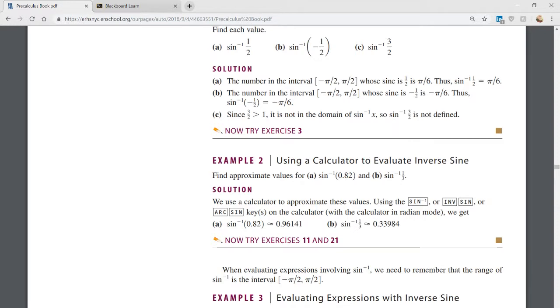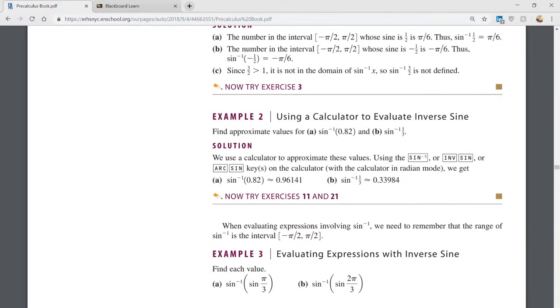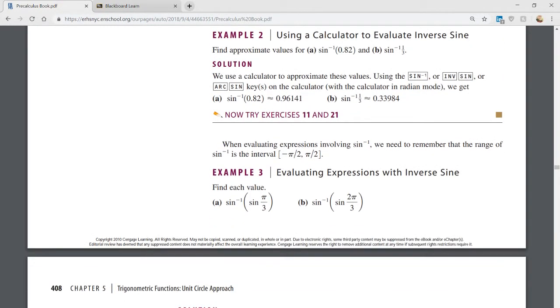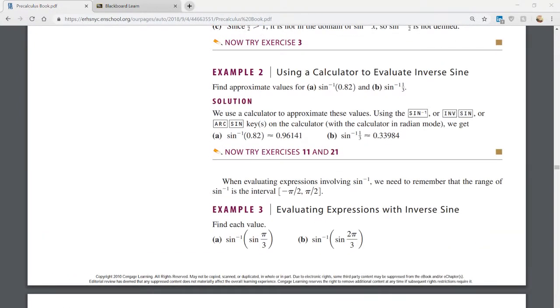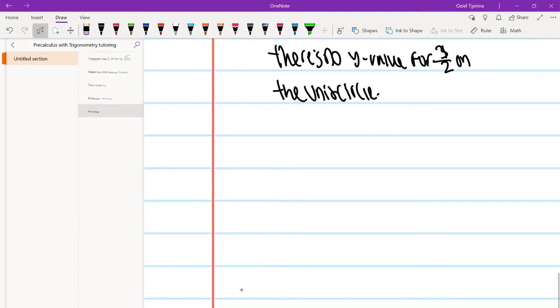For these, let's say we looked at sine inverse of sine of pi over 3.